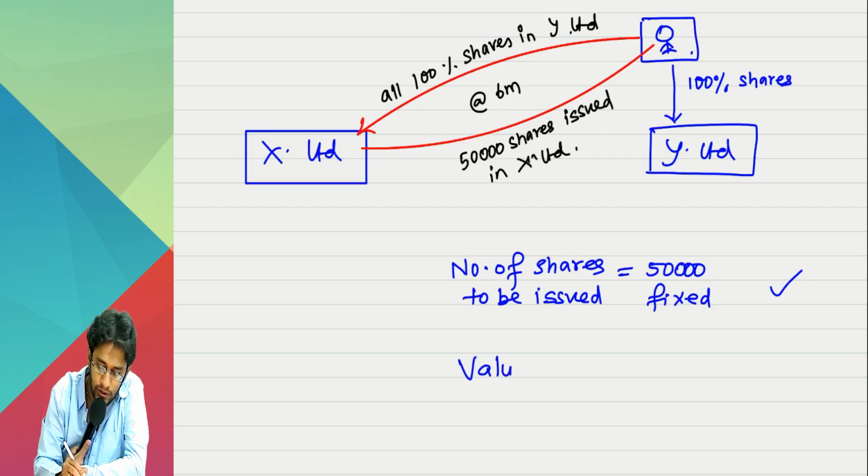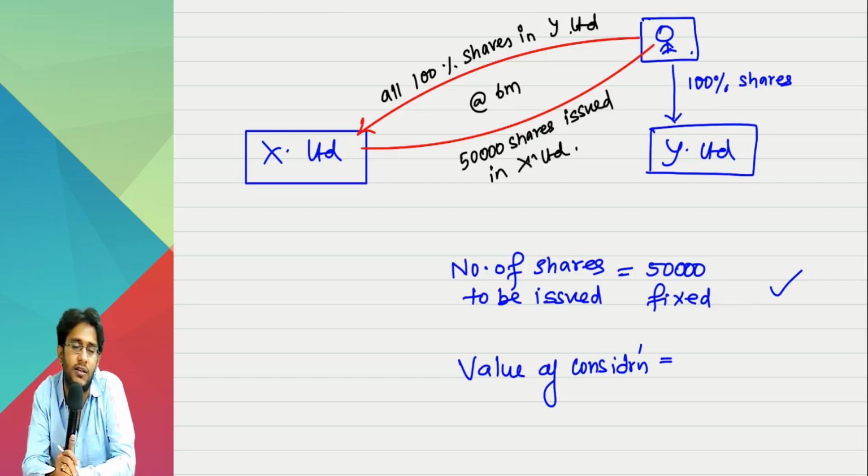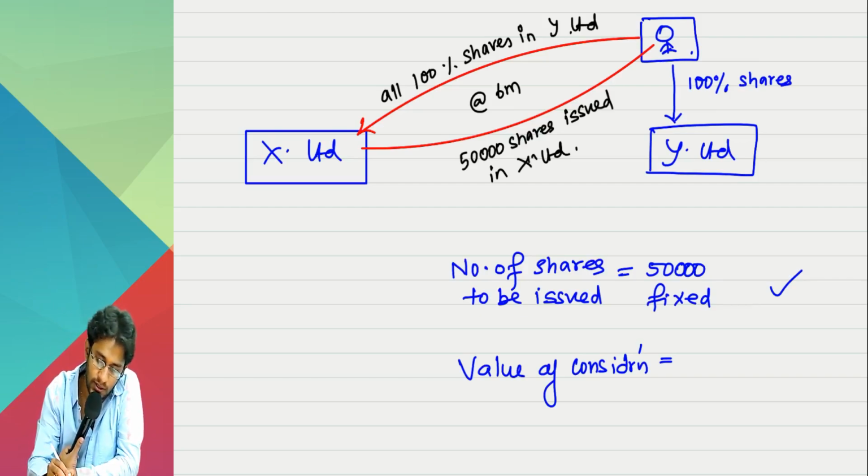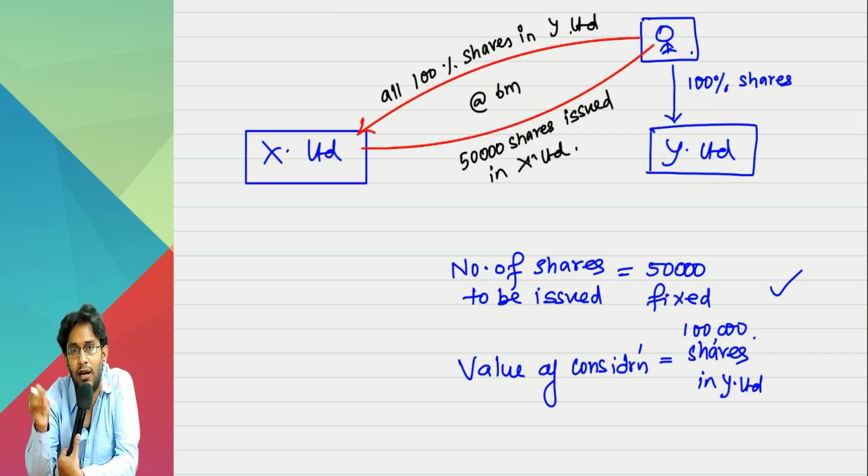But what should be constant is the value, or the amount of consideration. What is the consideration you are getting for issuing shares? You are getting some shares in Y Limited. Let us say you are getting 1 lakh shares in Y Limited. Okay, 1 lakh, a number fixed. But what I want is not the number. Value should be fixed.